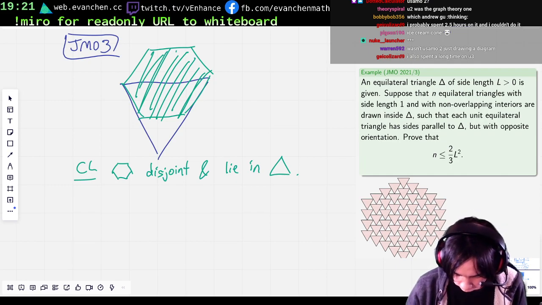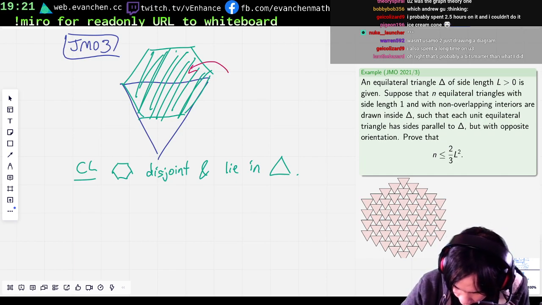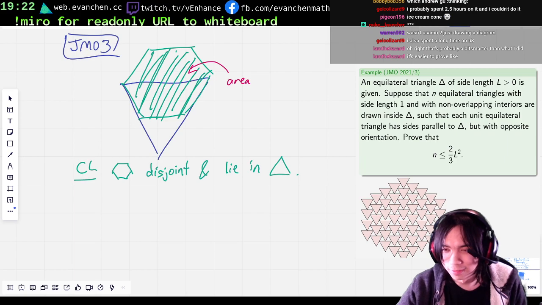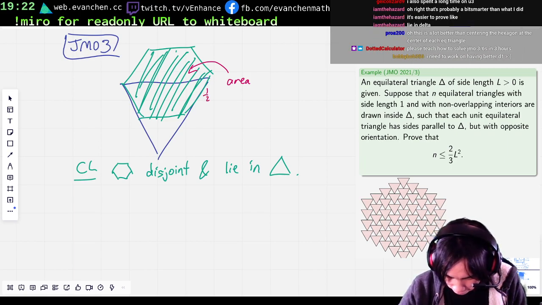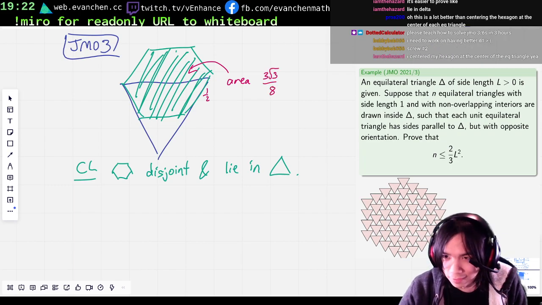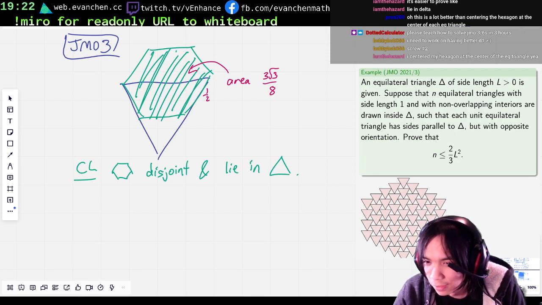Okay, so because of it, you get an area bound. The area of this thing is, what is it? So this is like 1/2, 3√3/8, I think. Did I get that right? Probably got it wrong. That's why I should just read my notes.